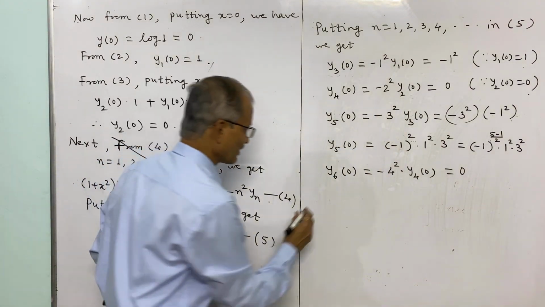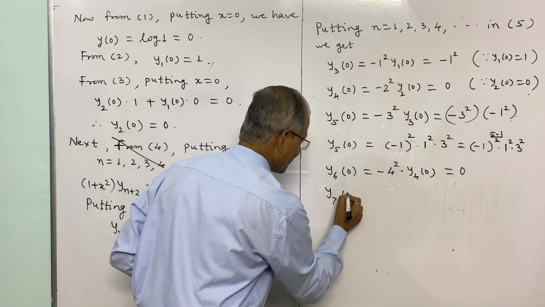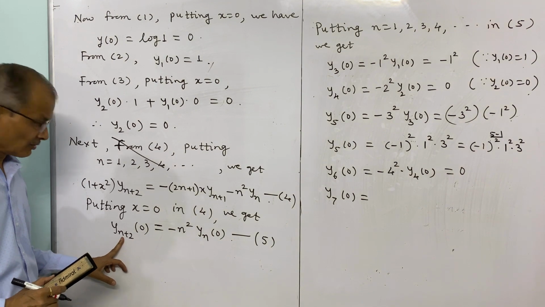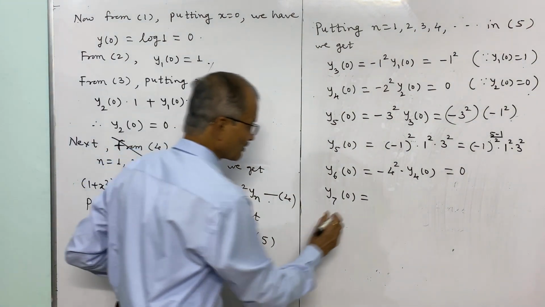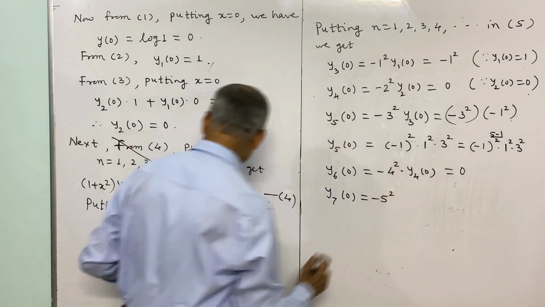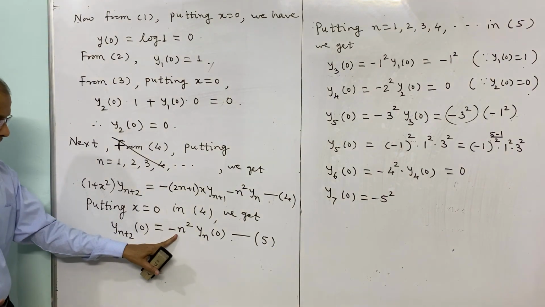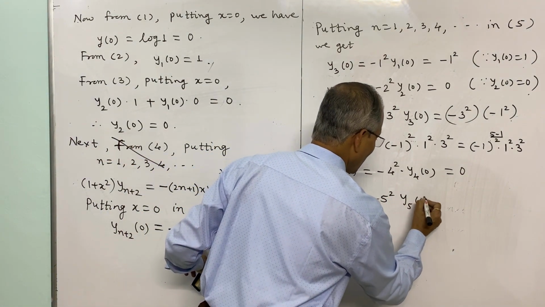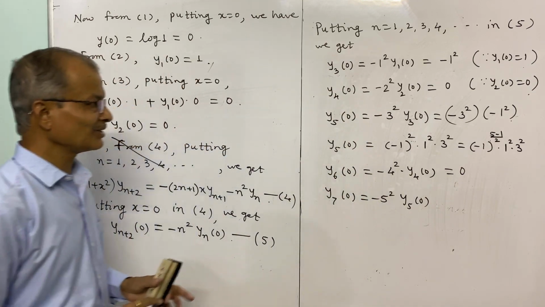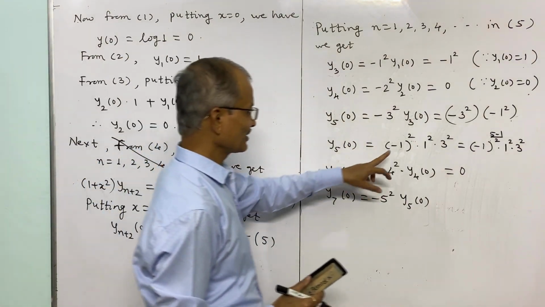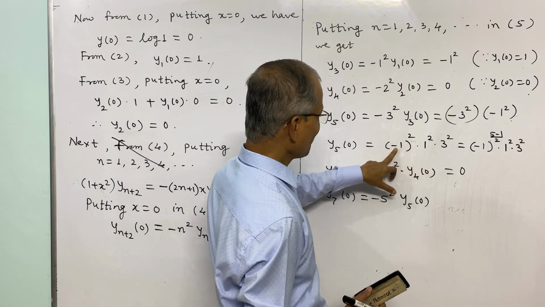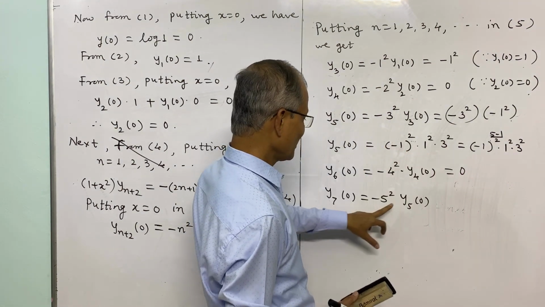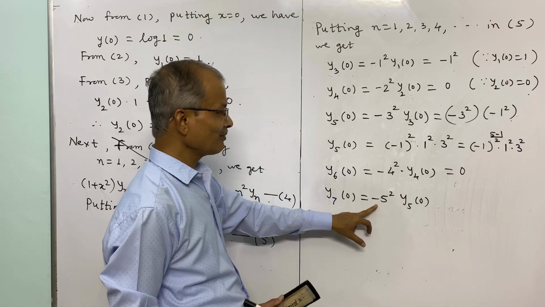What will be y7? y7 at 0 is, again you see, that means put n is equal to 5. So this is minus 5 square, we are putting n is equal to 5, minus 5 square y5 at 0. And what is y5 at 0? We may observe this is actually minus 1 square, 1 square, 3 square. So this is minus 1, so it will be minus 1 cube.